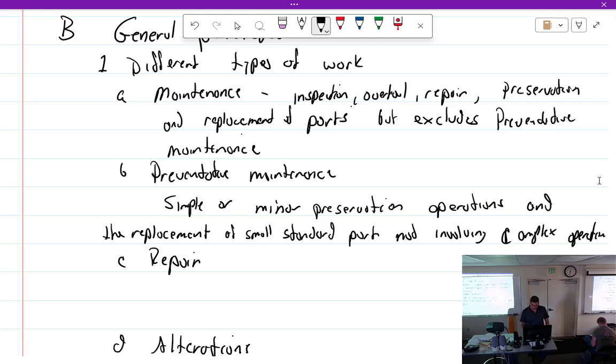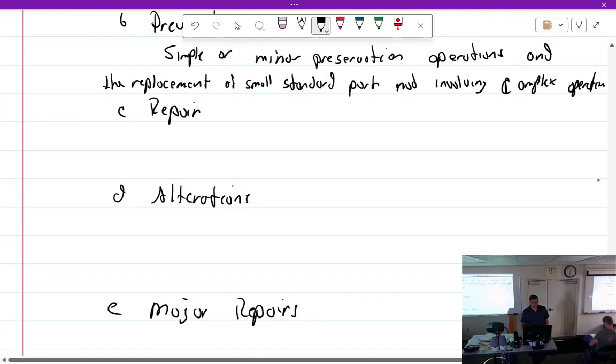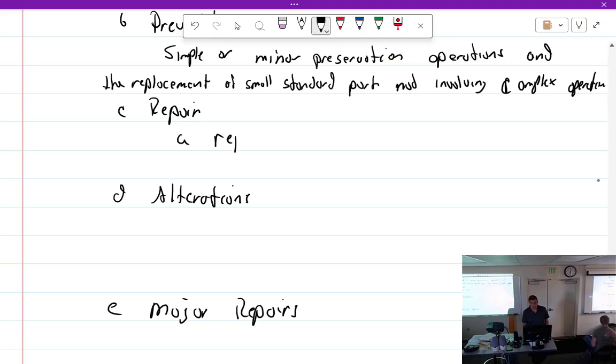Repair. This is a great one. FAR 1 defines repair as a repair other than a major repair. That was super helpful. Yeah.